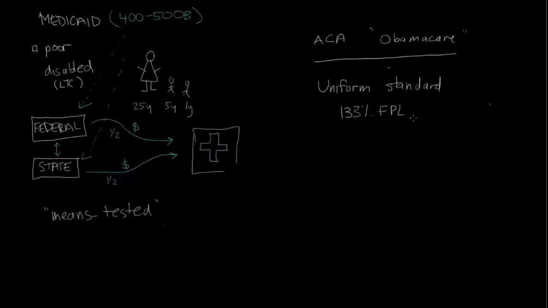If you were even a single adult, you could still get on Medicaid. This seriously expanded the number of people who would qualify for Medicaid. Some estimates are that there should be millions and millions of people, maybe even up to 10 to 16 million people could now get Medicaid. So it expanded eligibility.